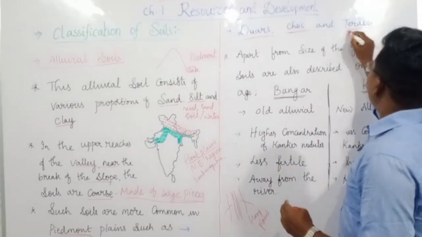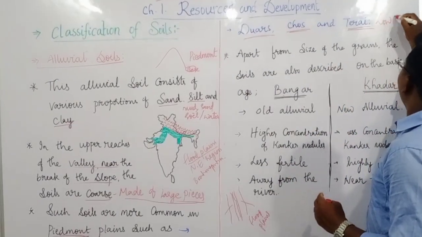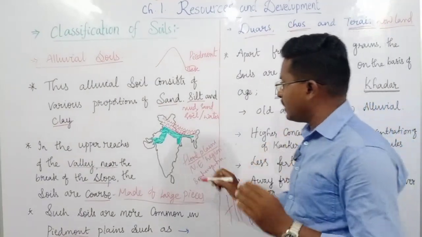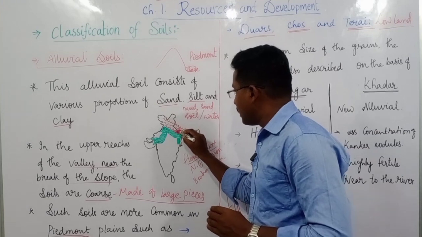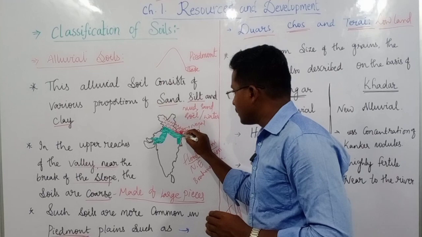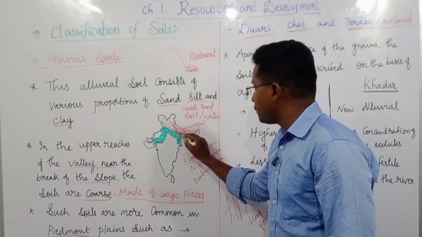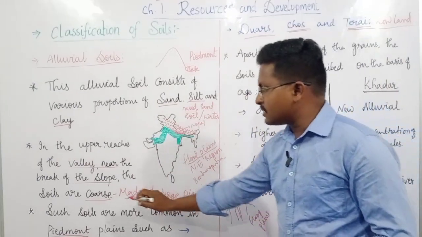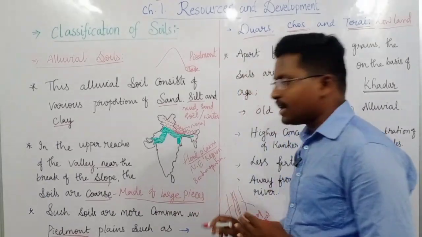Then terai. Terai means, simply, a lowland. This lowland is mainly found in the northern part of the northern plains as well as the southern part of Nepal. So the southern part of Nepal and the northern part of the plains is also covered with coarse alluvial soil, which is made up of large pieces.